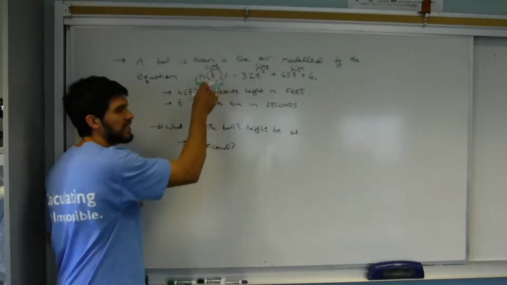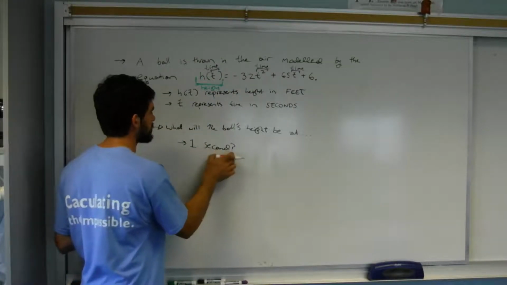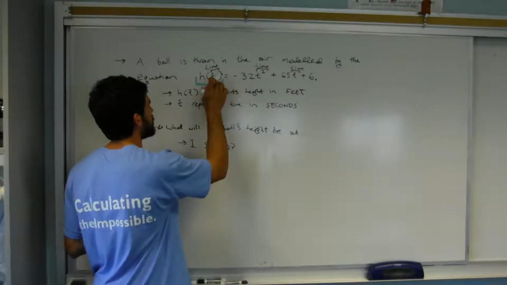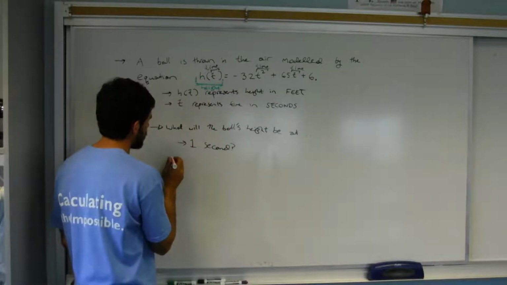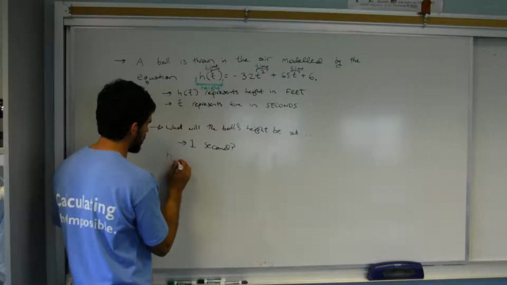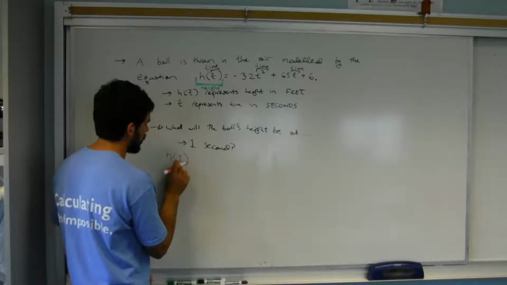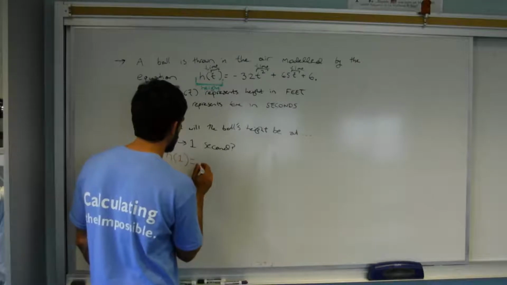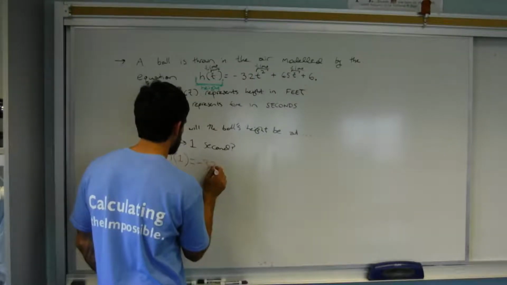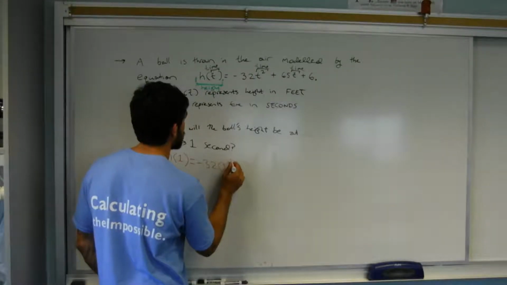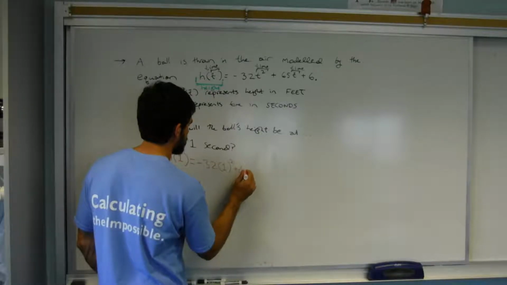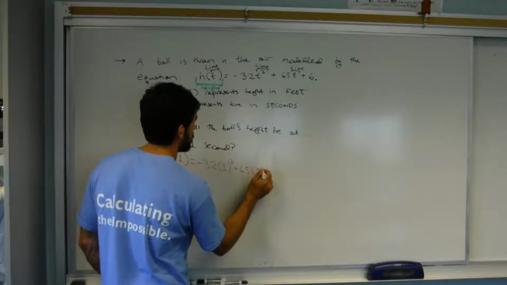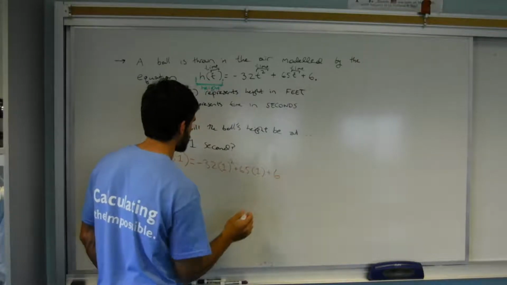So we're given t, and we want to substitute in that time value into our equation. So we're going to have h of 1, where 1 is the time, remember, is equal to negative 32 times 1 squared plus 65 times 1 plus 6.